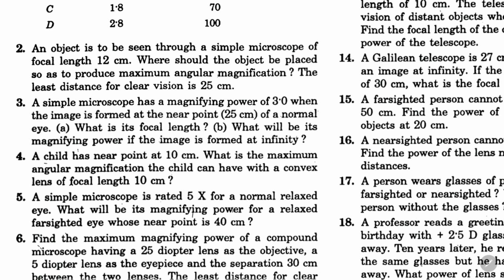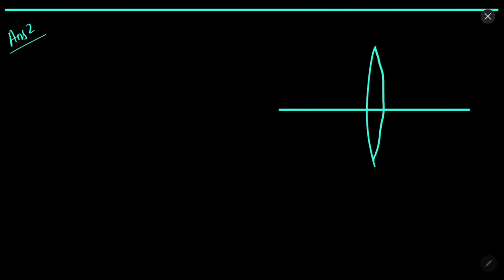Now an object is to be seen through a simple microscope of focal length 12 cm. Where should the object be placed so as to produce maximum angular magnification? So this is the second one. So let's say that we have a simple microscope having only one lens, a convex lens, biconvex lens. Now let's say that the situation is something like this.